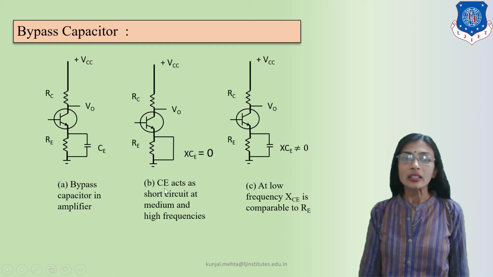That means the common emitter acts as an amplification circuit according to the two cases of the bypass capacitor, and always the output terminal VO is connected on the collector terminal. Okay, CE acts as a short circuit at medium and high frequencies. That means if XCE is equal to 0, that means that CE.